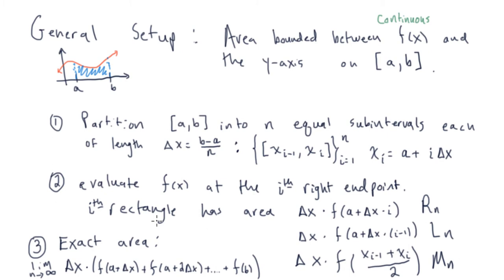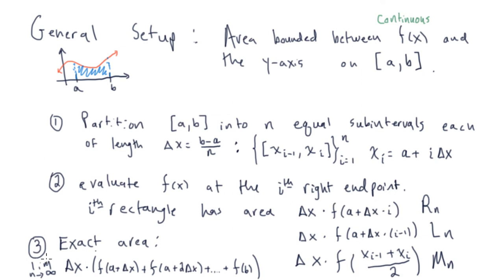Okay, so that's the general setup. You have a continuous function, you want the area, you partition the interval you're interested in into n subintervals, each of length delta x. The right endpoint of each one is a plus i times delta x. And then we're just going to evaluate f of x at the ith right endpoint to get the height.